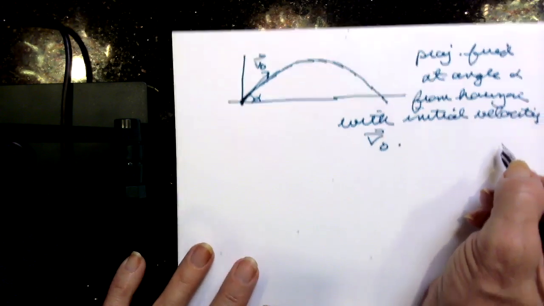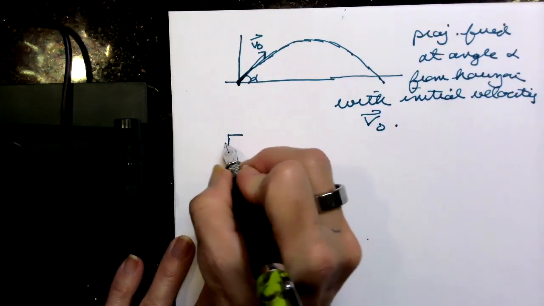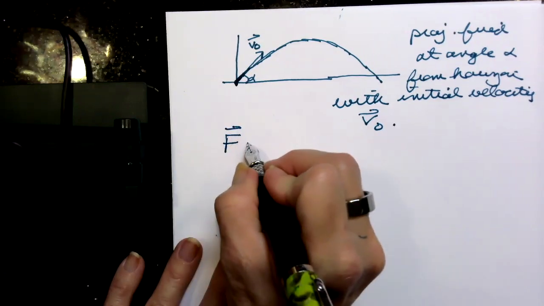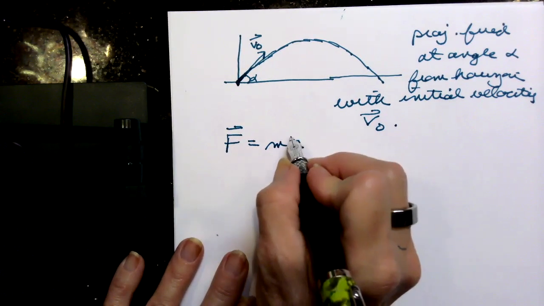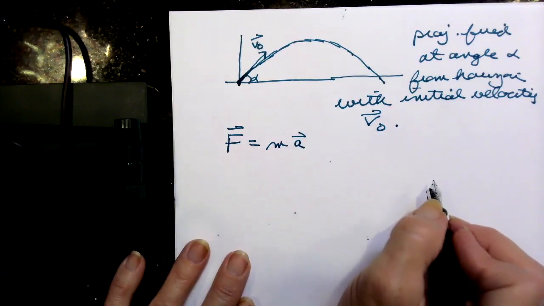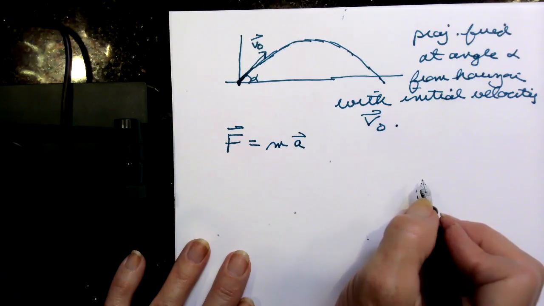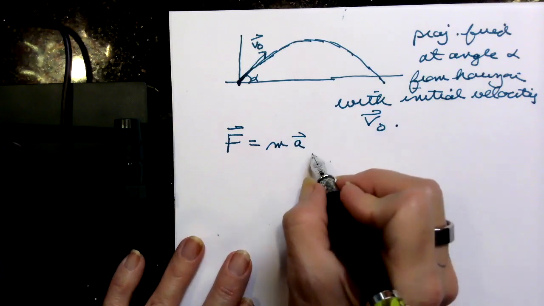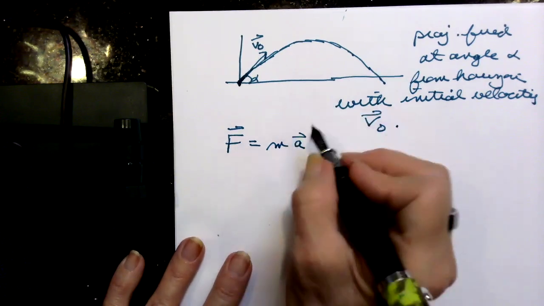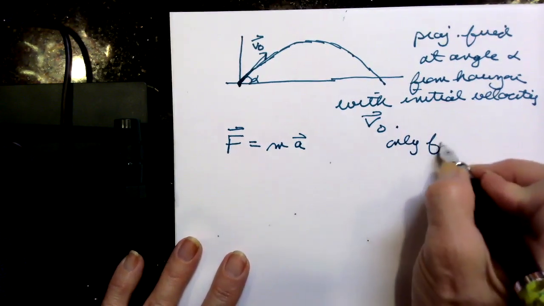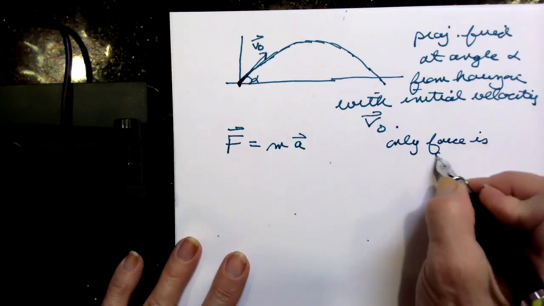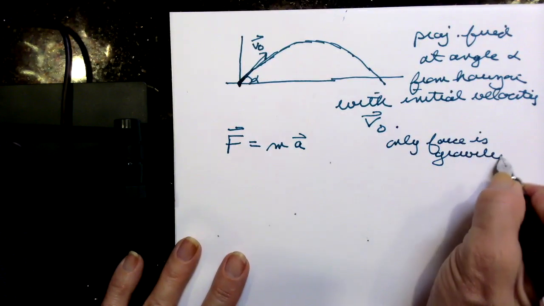Okay, so you don't need to know a ton of physics. Just physics that pretty much every high schooler knows, which is Newton's second law, which says that the force acting on that projectile is the mass times the acceleration. And what is the acceleration? The only acceleration is due to gravity. We're going to neglect air resistance for right now.